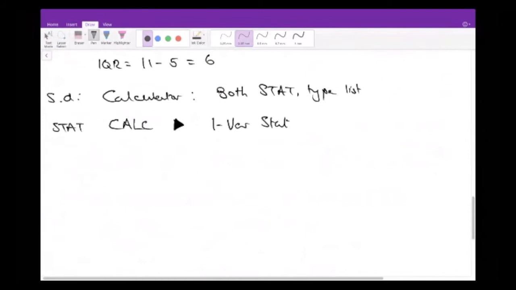Now the frequency list, there isn't a frequency list. Sorry, so calc 1 var stats, we leave the frequency list blank.